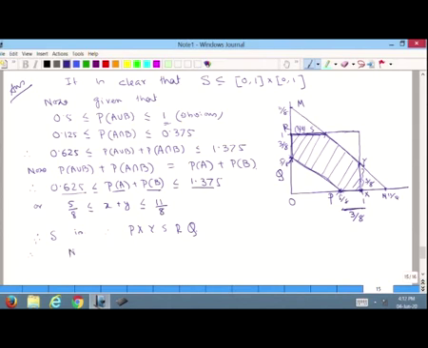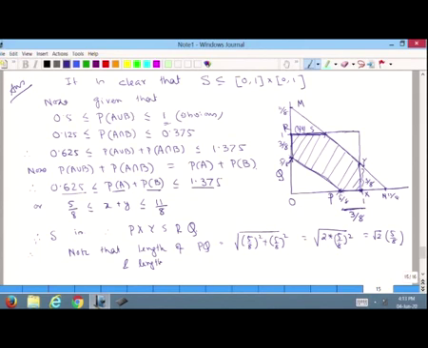So, note that length of PQ is equal to square root of (5/8) squared plus (5/8) squared, which is equal to square root of 2 into (5/8) squared, which is root 2 into 5/8.